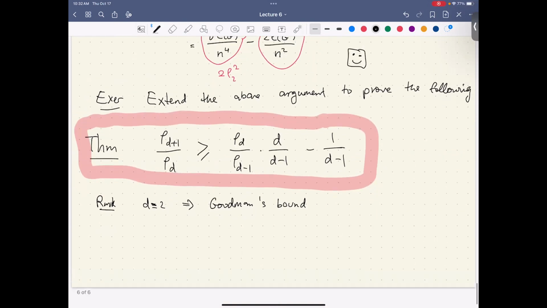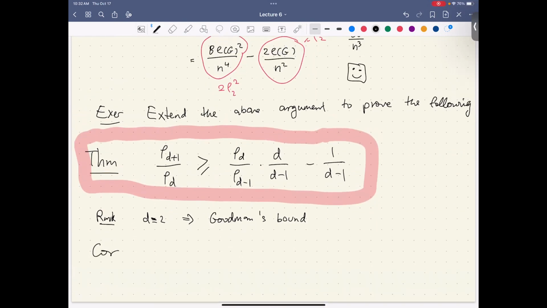So that's a corollary. Another corollary is that you can do calculation to show that rho d is at least the product of i equals 1 to d minus 1, of 1 minus i times 1 minus rho 2. Okay?